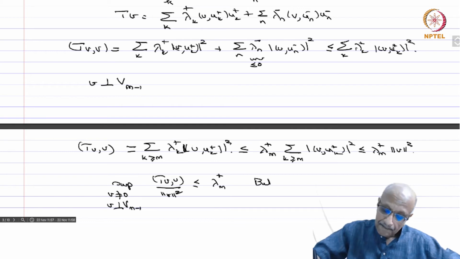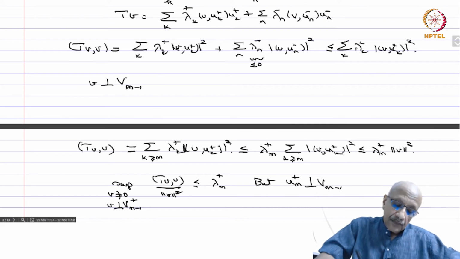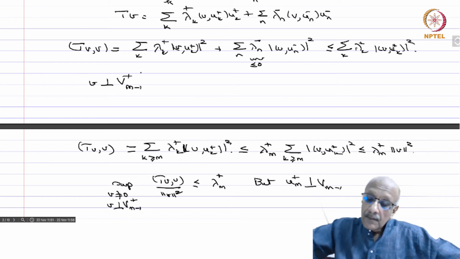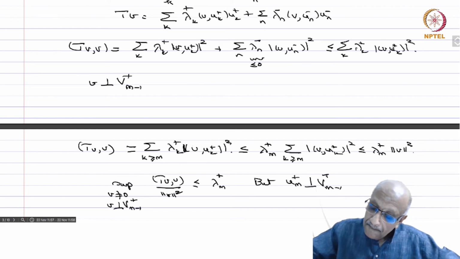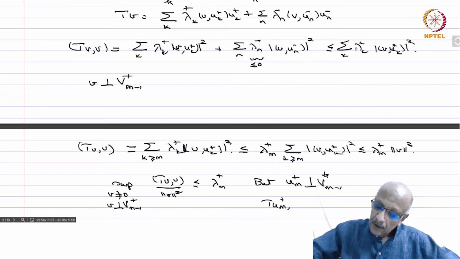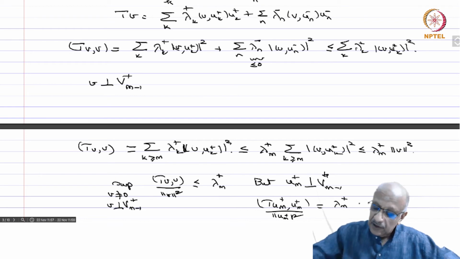But u_m^+ is also orthogonal to V_{m-1}^+, and therefore <T u_m^+, u_m^+> by norm squared is equal to lambda_m^+ by 1, that is equal to lambda_m^+.